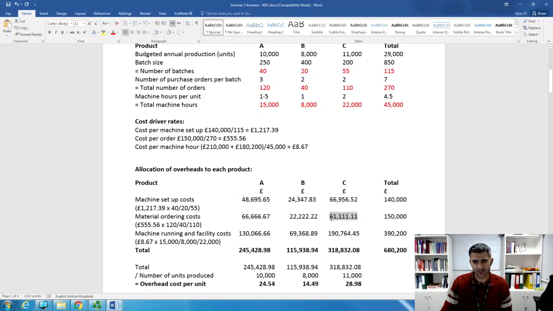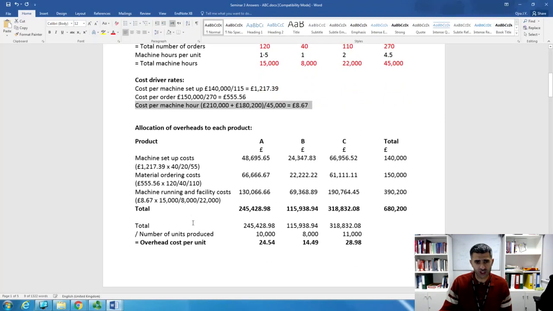Can you see? And again, if you add them together, that comes with 150,000 pounds, which is the same as the orders.